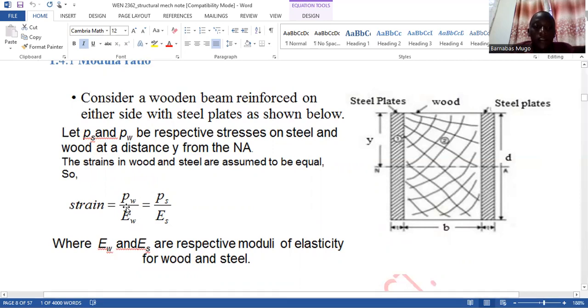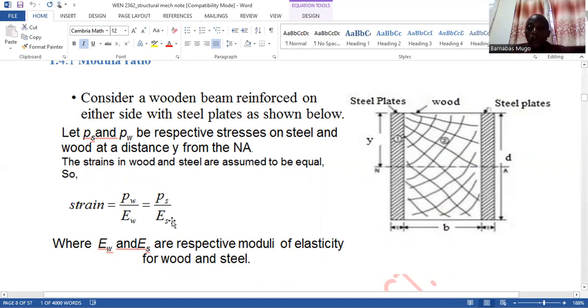And therefore, because it is going to elongate the same, it means that the strain in the wooden section, that is the stress in wood over the Young modulus of the wood, is going to be the same as that of the steel plates, that is the stress in the steel plate over the Young modulus of the steel plates.